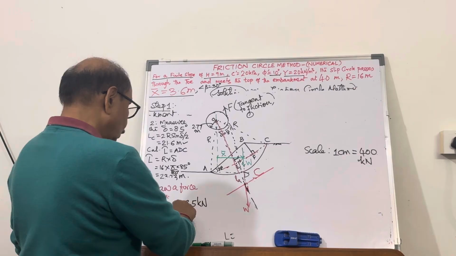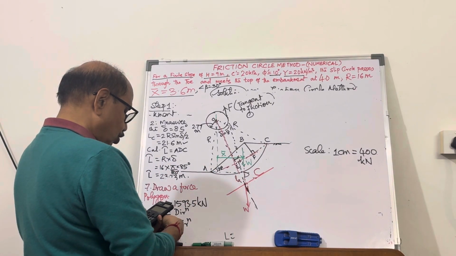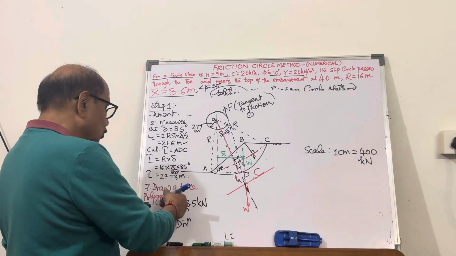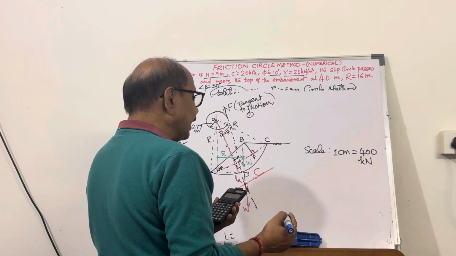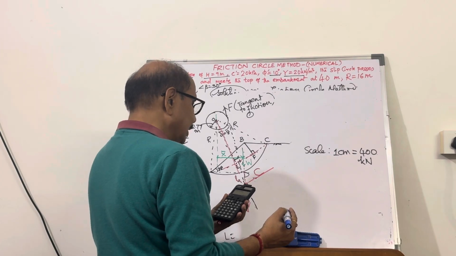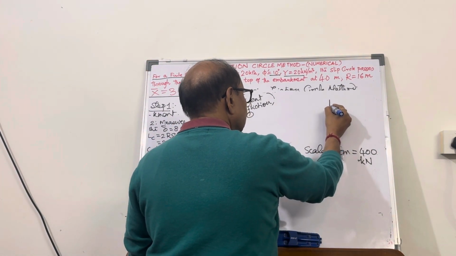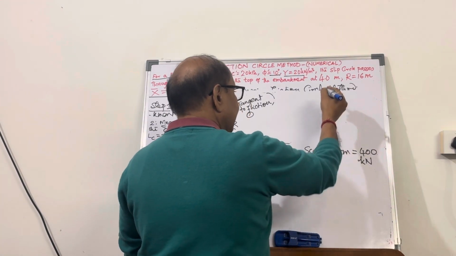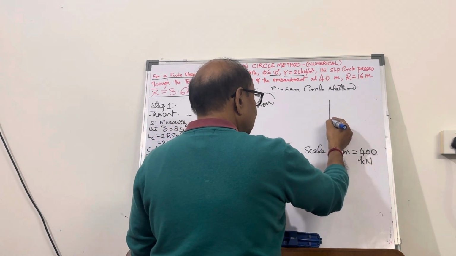So 1593.5 divided by 400 gives you the length which will represent this force W, both in magnitude and in direction. So I am going to draw 3.98 centimeter vertical line. So this is 3.98, and this shows the force W.